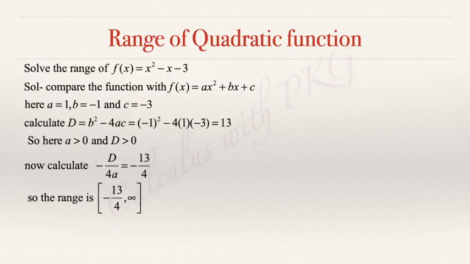Now let us solve some problems related to the range of a quadratic function. Here the question is: find the range of the function f(x) = x² − x − 3. How to solve this? Compare the given function with the standard function f(x) = ax² + bx + c.